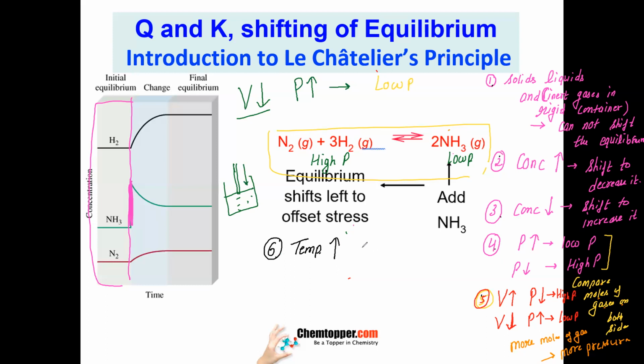If you increase temperature, the system will move away from heat. Whatever side heat is written, it will move in the other direction because high temperature means more heat. And I'm increasing temperature, so the system wants to go away from heat. And if you decrease temperature, the system will move in the direction of heat.